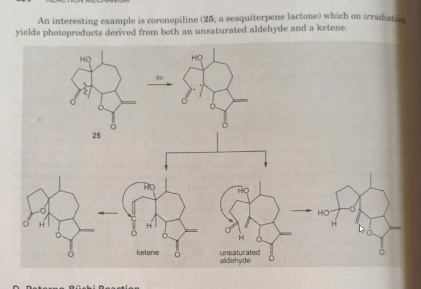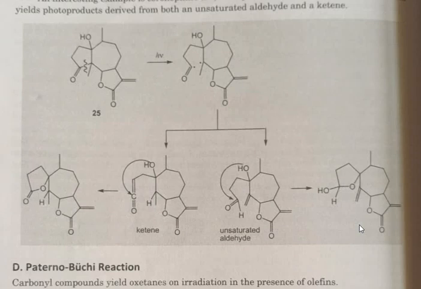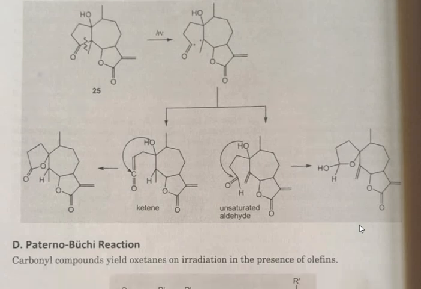These examples are also very important: how cleavage of the carbonyl carbon occurs and radicals form. Now there are two products, a ketene and an unsaturated aldehyde. The ketene forms this cyclized product and the unsaturated aldehyde forms this product.